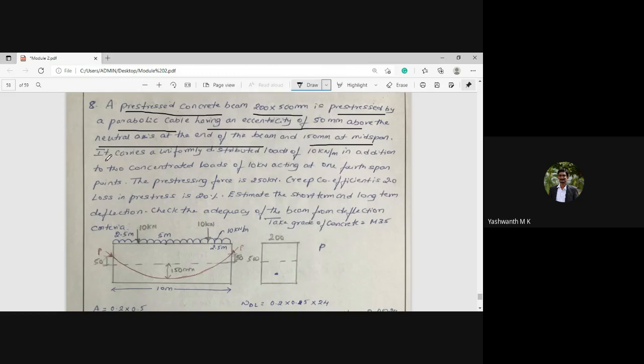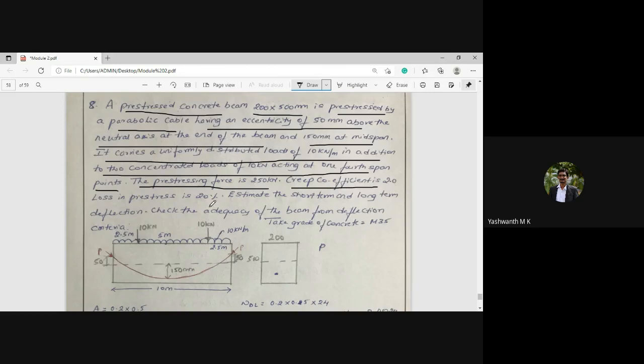it carries a UDL of 10 kilonewton per meter in addition to two concentrated loads of 10 kilonewton acting at 1/4 span. Please note this, it is acting at 1/4 of a span. Next, the pre-stressing force induced in the cable is 250 kilonewton.